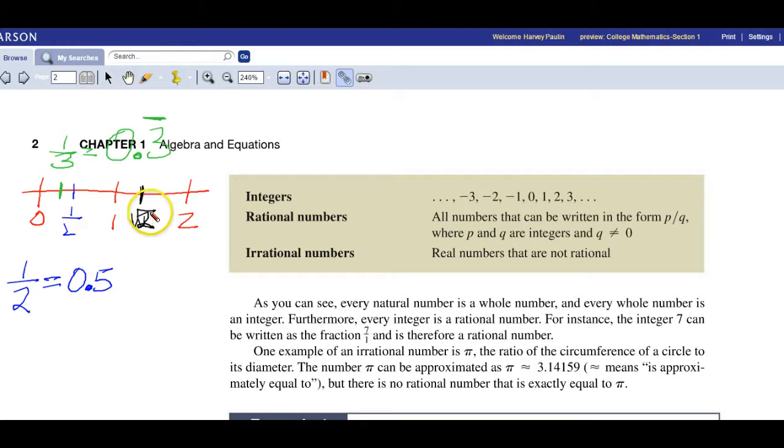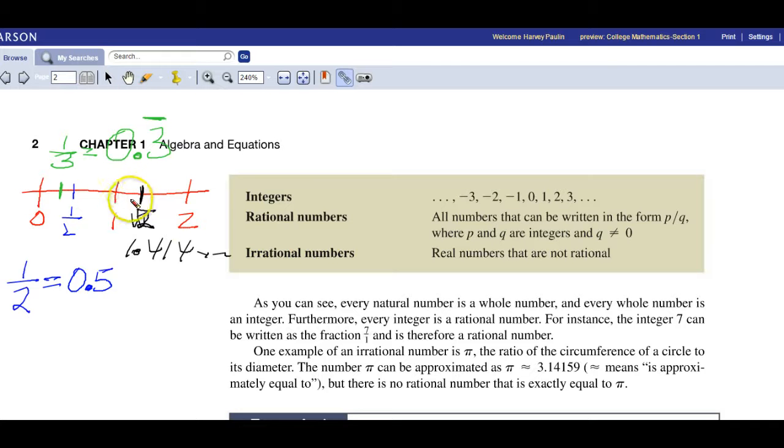Now the square root of 2, if we converted that to a decimal, it's 1.414, and then it kind of goes through a series of numbers that doesn't terminate, nor does it have a repeating pattern. It just bounces around and never ends.